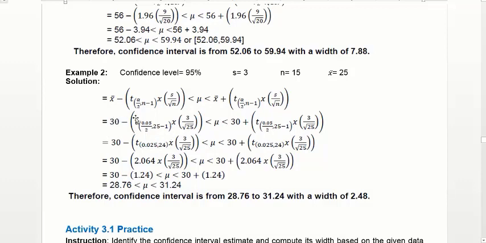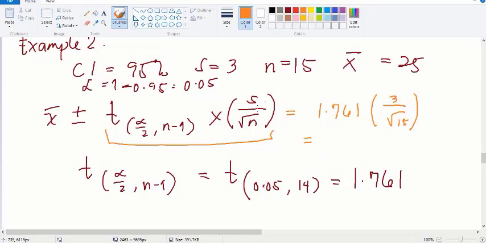This is your mean. Sorry, but this is wrong, so disregard it. I'll solve this example properly. Again, the solution there was wrong. Anyway, the margin of error here would be 1.36.